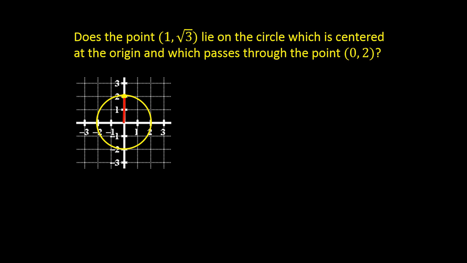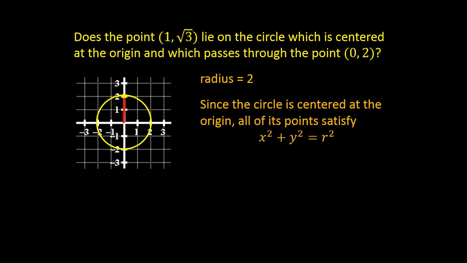There's the radius of the circle. Radius goes from the center to any point on the circle. So obviously the radius of this circle is 2, and it's centered at the origin. So we can write the equation of a circle as x squared plus y squared equals r squared. Now all the points on the circle will satisfy that equation.